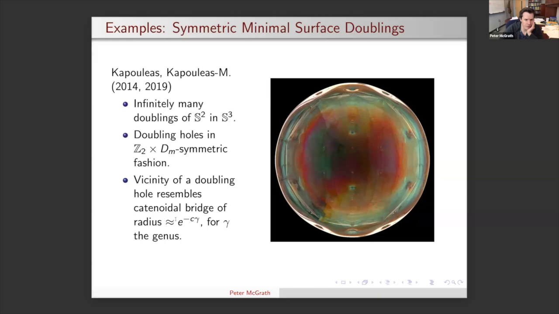And again, the size of the bridges is like e to the minus gamma here, where gamma is the genus. And in the construction here, one allows k different rings of m necks each to be placed at certain latitudes here.